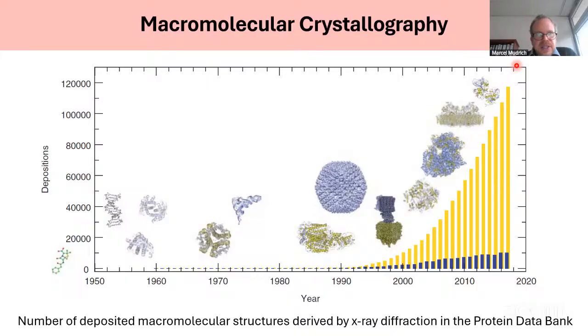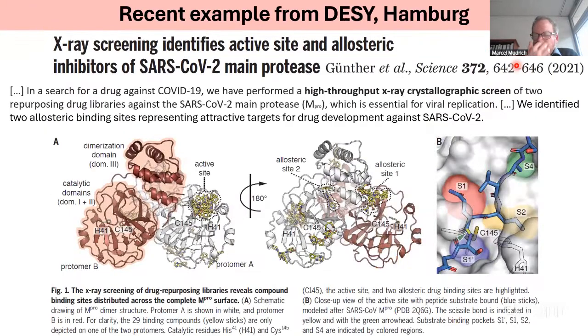And just to give you one more timely example of X-ray diffraction experiments, this was one that was carried out at DESY in Hamburg at the synchrotron there. And that was actually carried out in 2021.